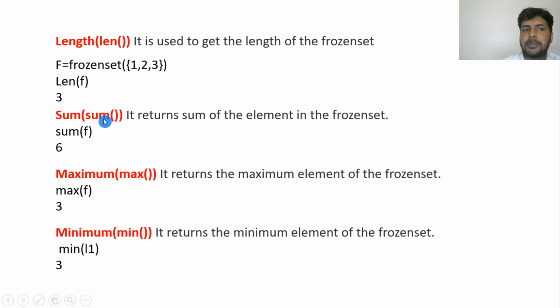Same way, if I say sum, 1 plus 2 plus 3, it will return 6. If I say max f, it will show 3. Same way, if I use min f, it will return 1. So this is how our built-in functions will work. So let us see with the examples.